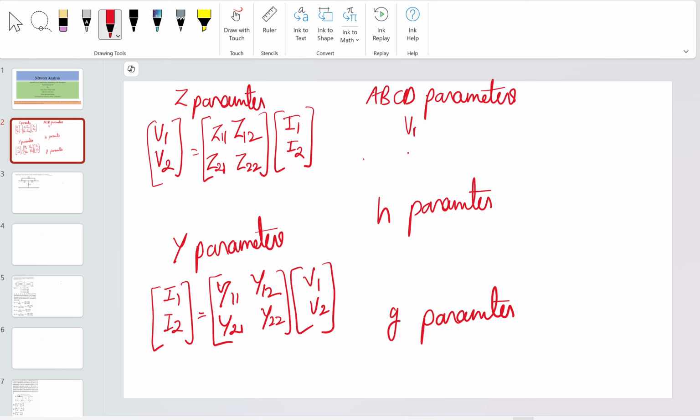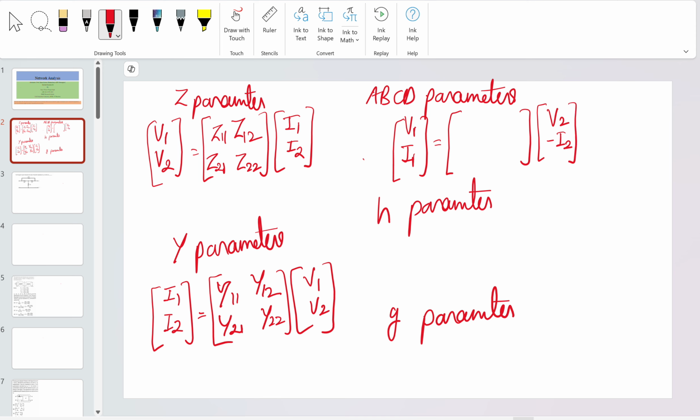For ABCD, V1, I1 are the input parameters, in terms of V2 and minus I2, because the current is assumed going out of the network. That's why it is kept negative. So that is A, B, C, D.